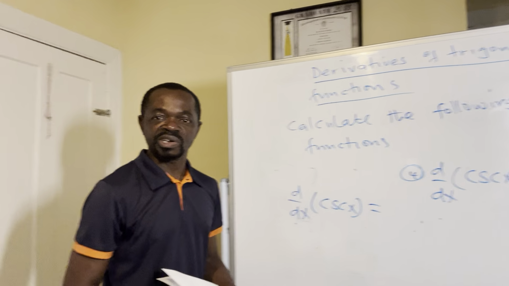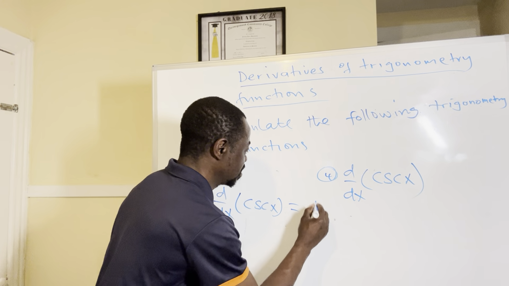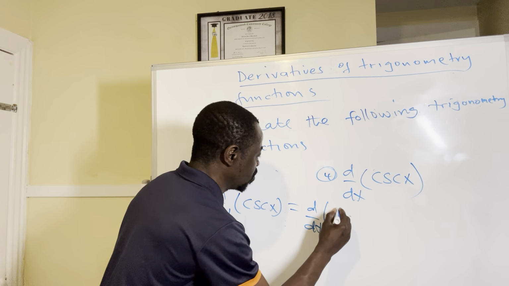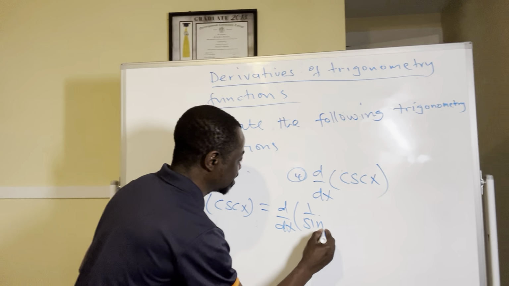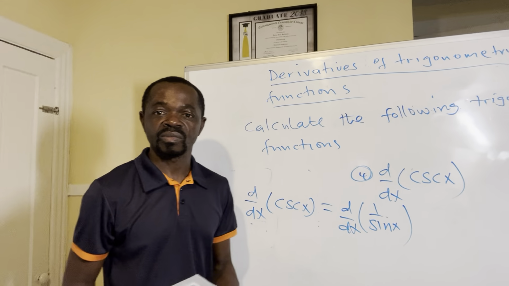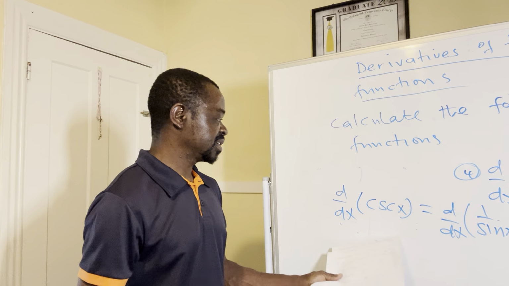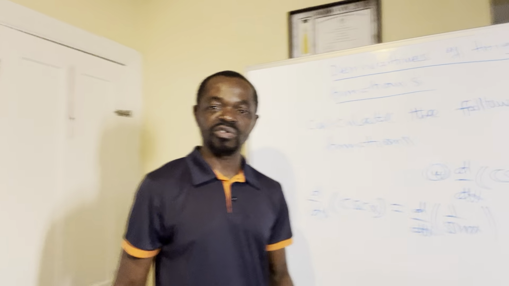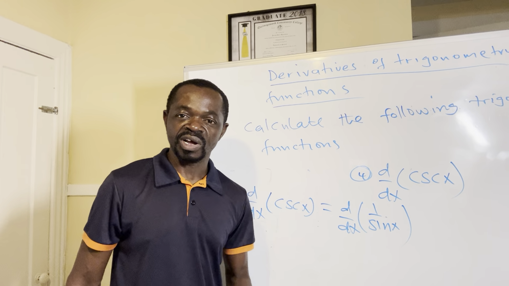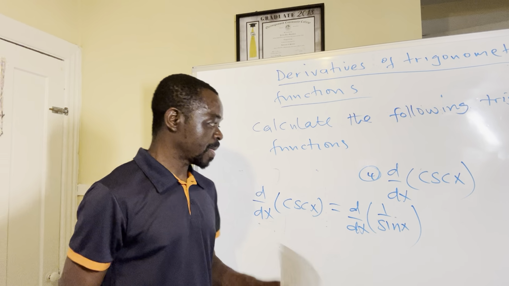You can also express it as d dx of 1 over sine of x. Yeah, so 1 over sine x will give us cosecant x. So how do we differentiate that?